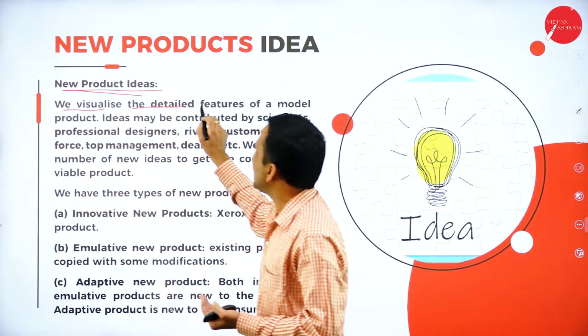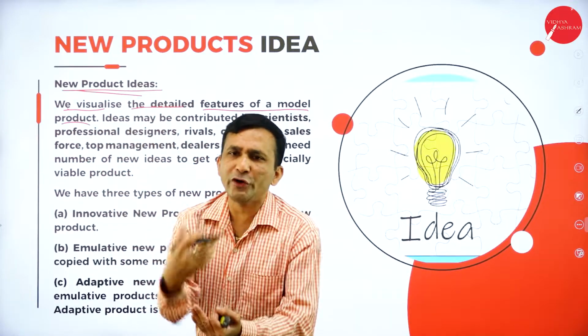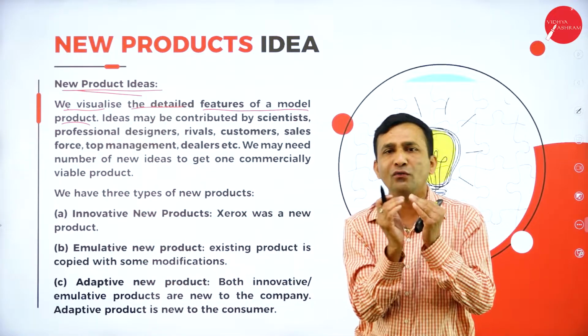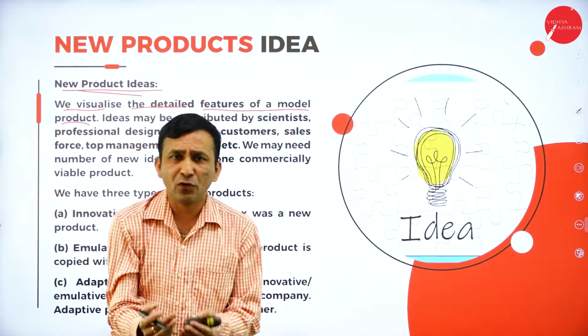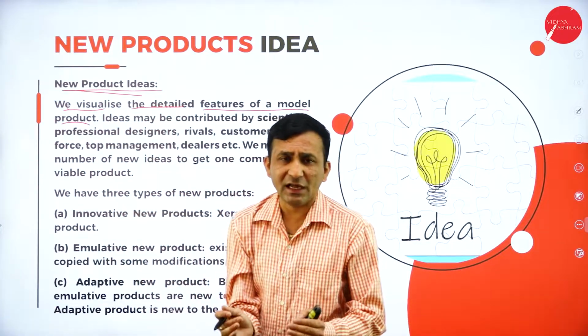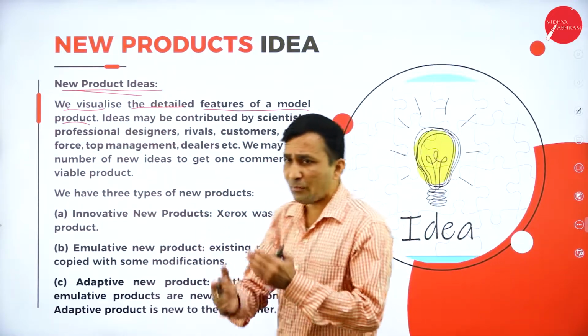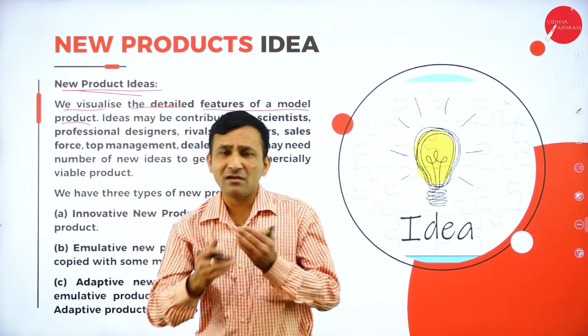We visualize the detailed features of a model product, because before producing a product, any businessman, any organization tries to go for one small model. If you go for a construction building, before constructing the building, they request to build one small model, right? The same thing applies to product development. It is a complete model development basis.